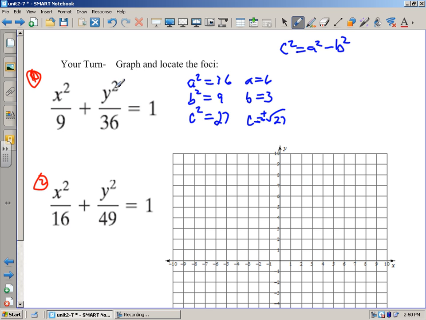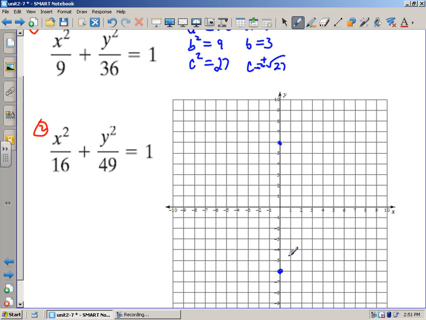Remember, our a squared this time is underneath the y, so we're going to be going 6 units on my y-axis, 6 units down, and then my b is 3, 3, and then I'm going at 5.2, and I'm just estimating that focus, and that is going to be at 0, square root 27, and 0, negative square root 27. And these numbers have to refer to our foci because we have to label our foci.